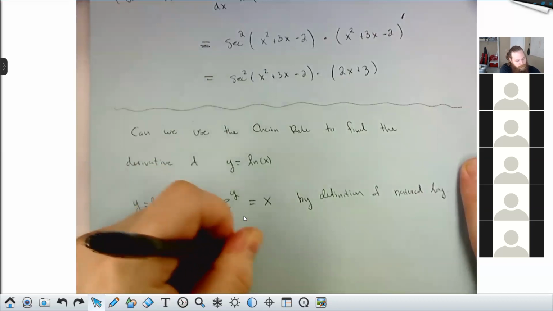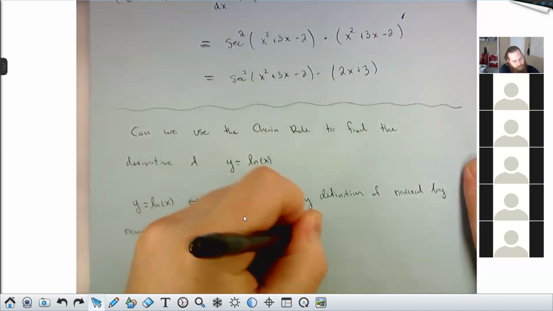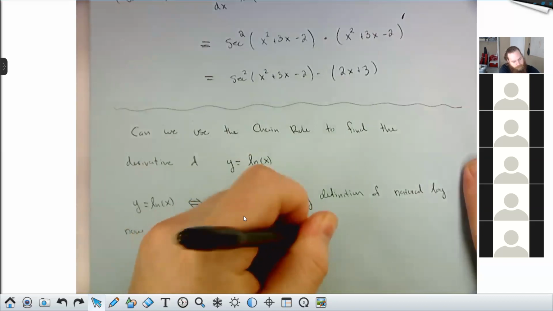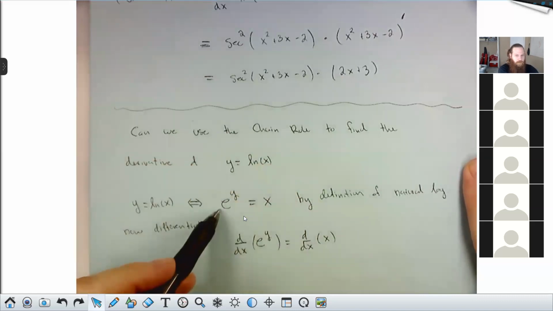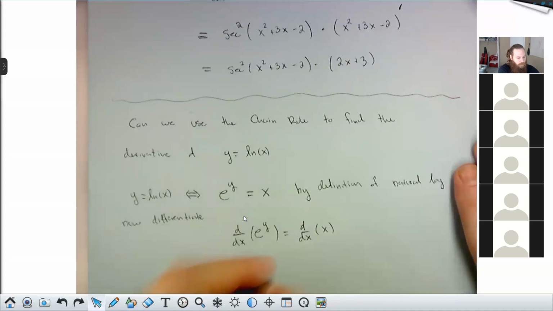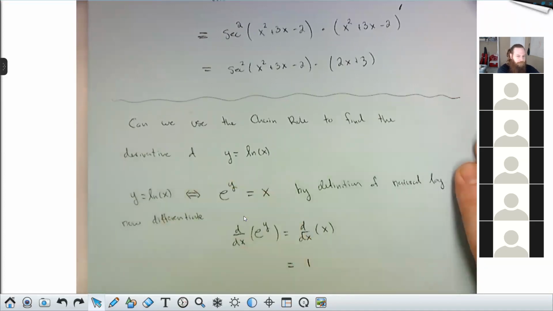If I apply the operator d/dx to both sides here, right? So from here, I take derivatives on both sides. The right-hand side, the derivative of x is 1. The left-hand side requires the chain rule.